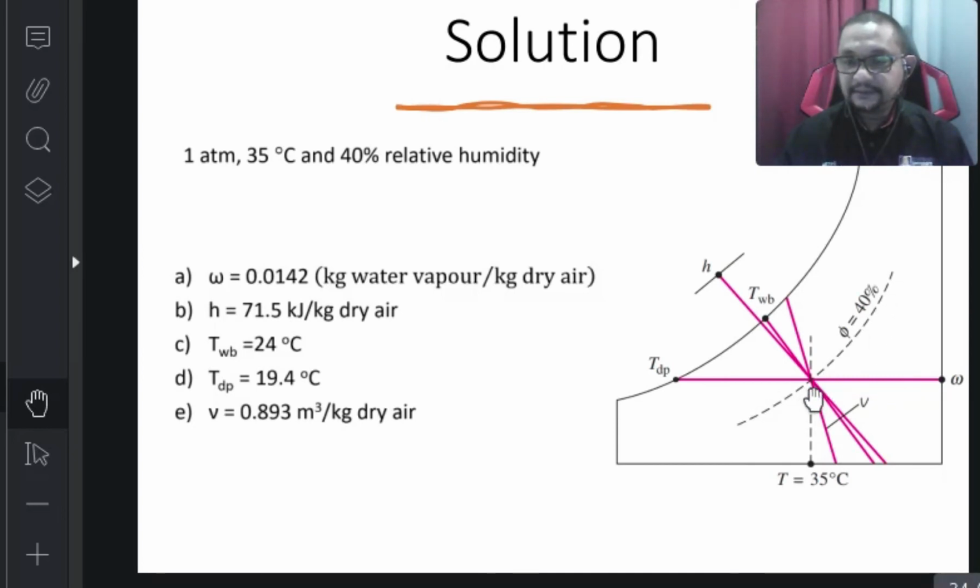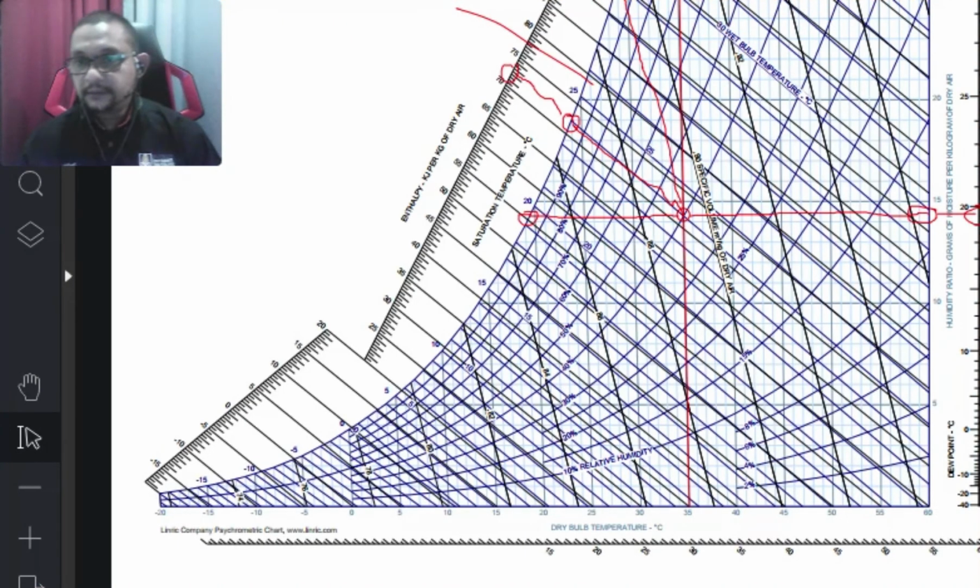So you draw a straight line at the intersection between these two parameters, and you will get the dry temperature, the dew point, and also the humidity. This is the chart, and this is the intersection.